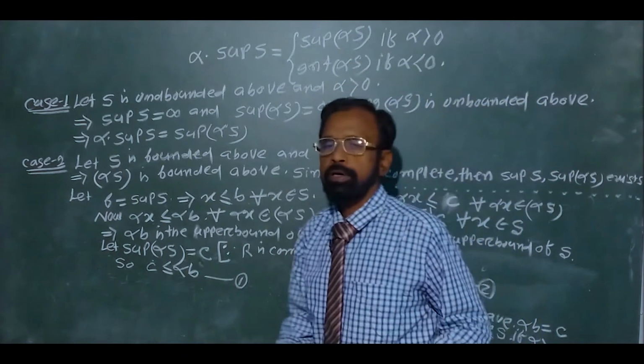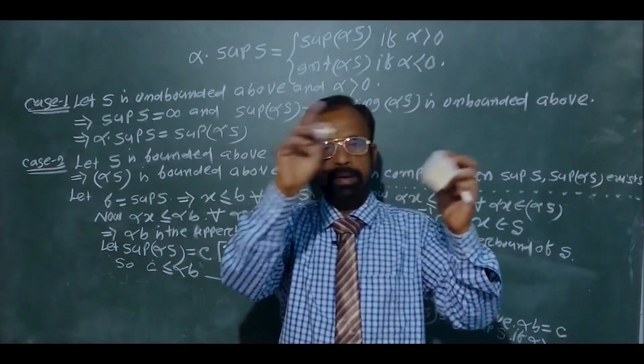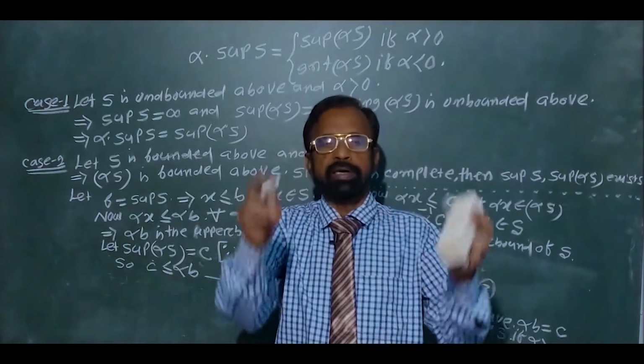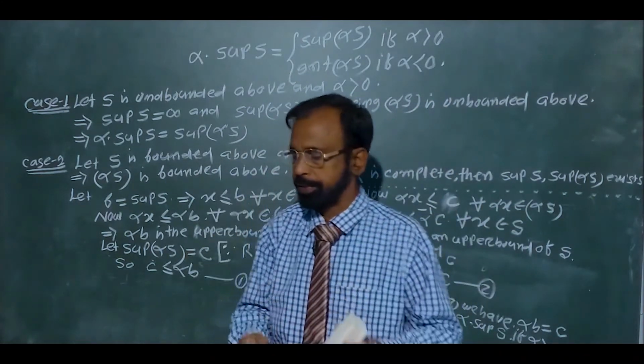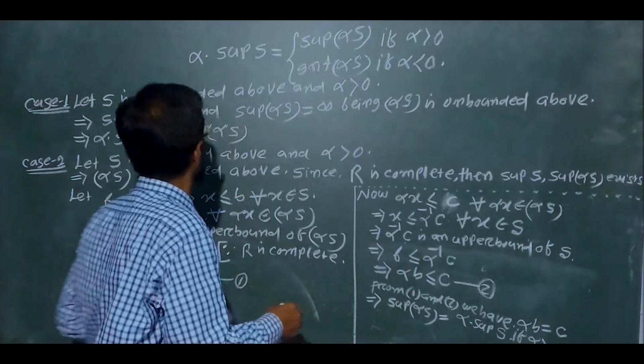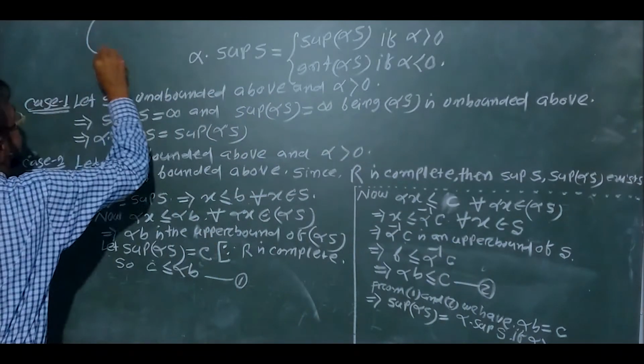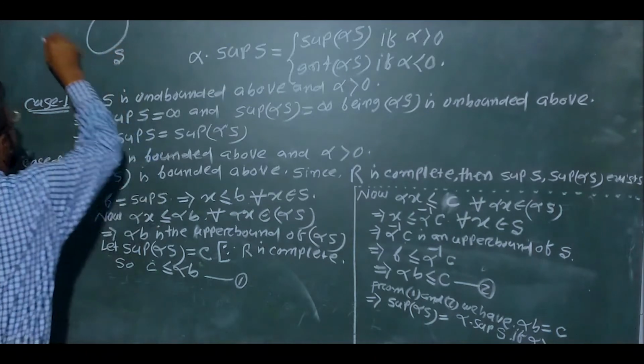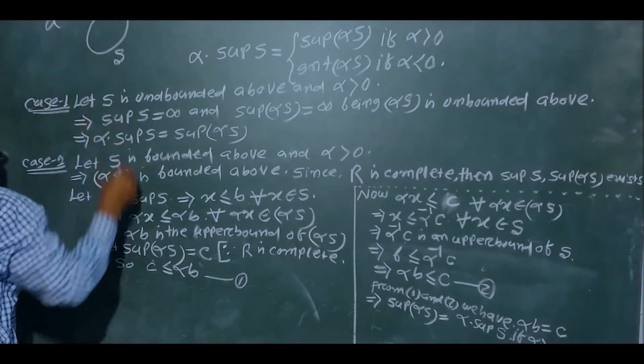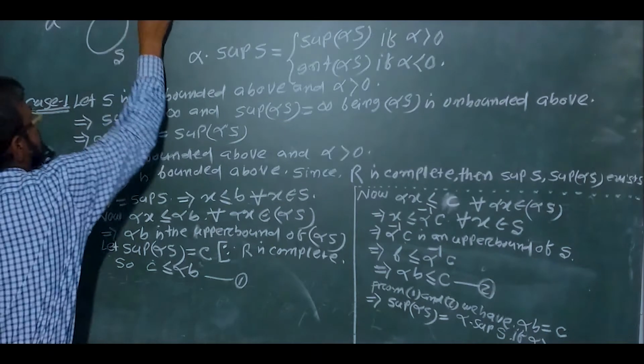That means we consider two types of sets. One is S, another is alpha S. Let S be a set, alpha a real number. The alpha S is another set.